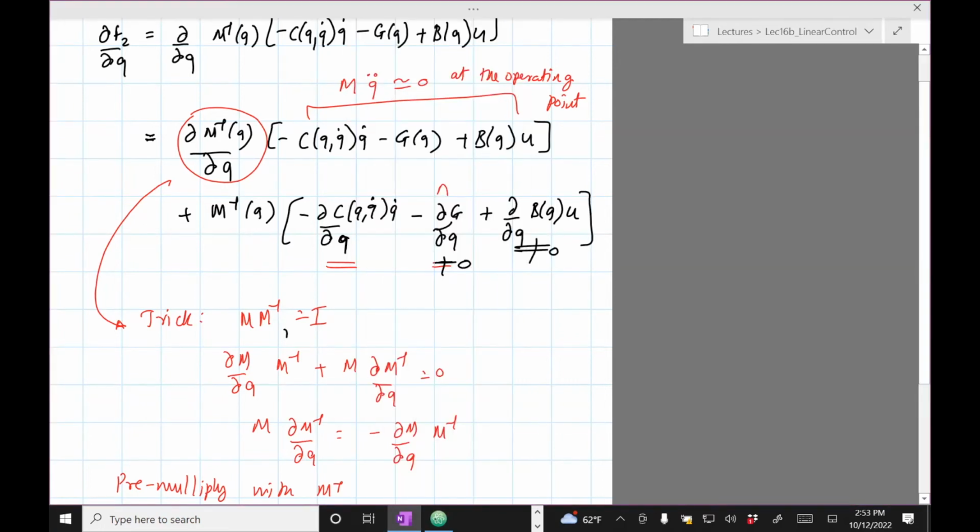This term is normally not 0, but in everything we are doing in this course, we will ensure that at the operating point Q dot is 0. And since the nominal speed is 0, that term drops out. Okay, so what we are left with for dF.